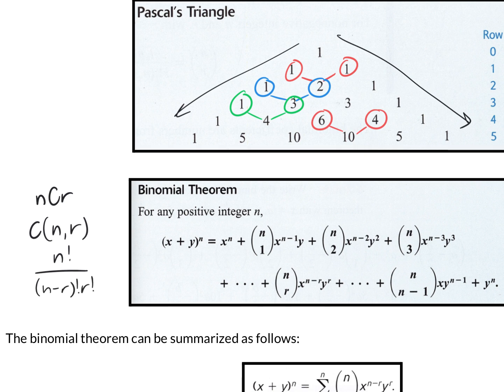There's one other way of writing it as n over r. When you see this notation, you usually read it as n choose r. I also say it like that here, but this is another way of writing it. If you look in this binomial theorem, we're using that combination multiple times, and we're going to talk about where those numbers come from.